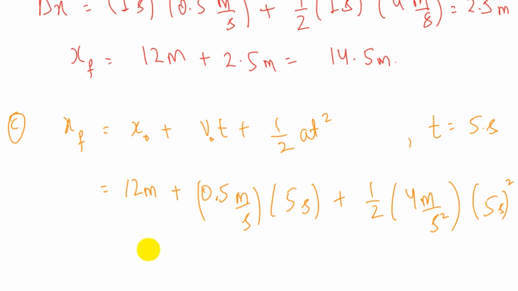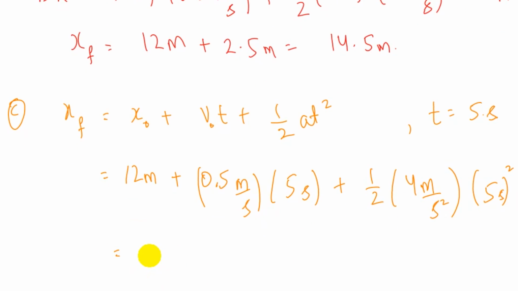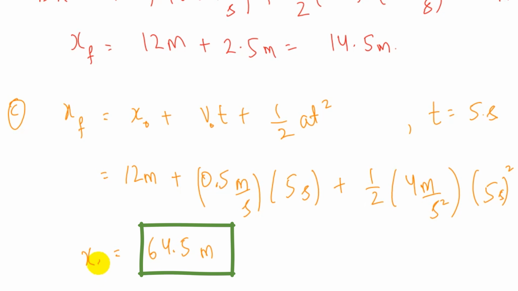Now it's pretty simple. We can use our calculator to solve this, and we'll get the final position to be 64.5 meter. So this would be the final position of the object at time t equals 5 seconds.